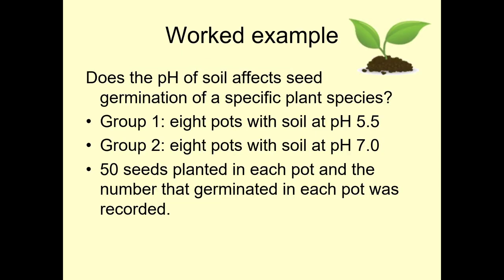So here is a worked example. Okay, so I have a question. Does the pH of soil affect the seed germination of a specific plant species? We have two sets of data, both of them with 8 pots, so in total we have a sample size of 16. 8 of the pots have a pH of 5.5 and the other 8 have a pH of 7. 50 seeds were planted in each pot and the number that germinated in each pot was recorded.